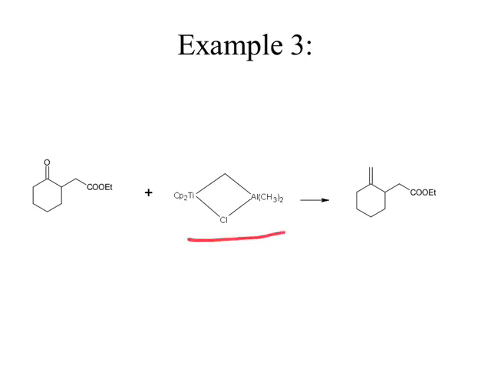Now as I told you, the order of reactivity is that ketones are more reactive than esters, and that is the reason the reaction is taking place on the ketonic group and not on the ester functional group. So here the ketone is converted into C double bond C and we get this product, while the ester group will remain intact in the final product. So this was the third example.